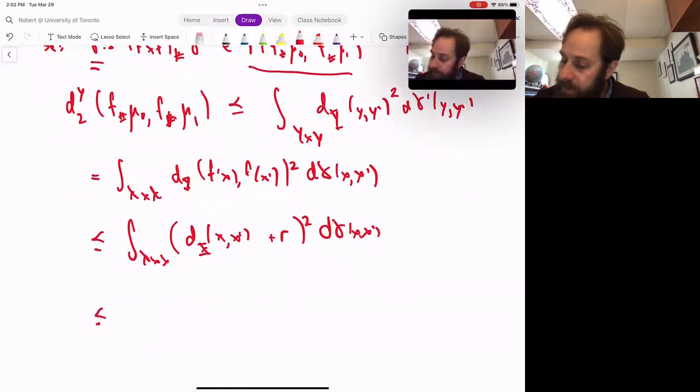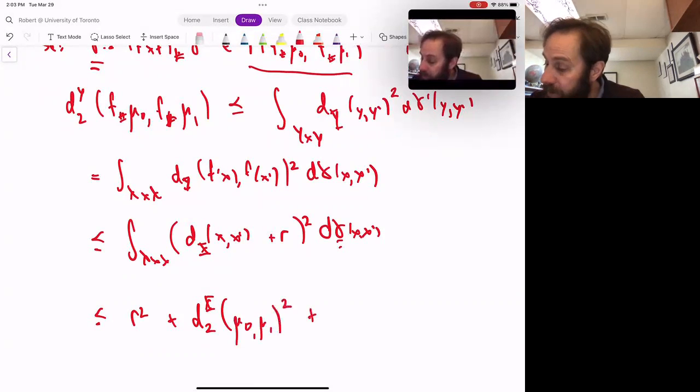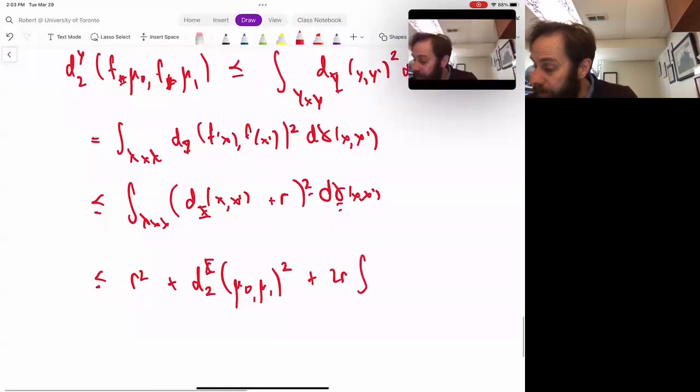And so that's less than, on the one hand, R squared, and on the other hand, since gamma is the optimizer, d2 in X of mu naught and mu 1 squared, and then there are the cross terms that come from squaring this, and the cross terms are 2R times the integral in X cross X of d_X(x, x prime) d gamma(x, x prime).